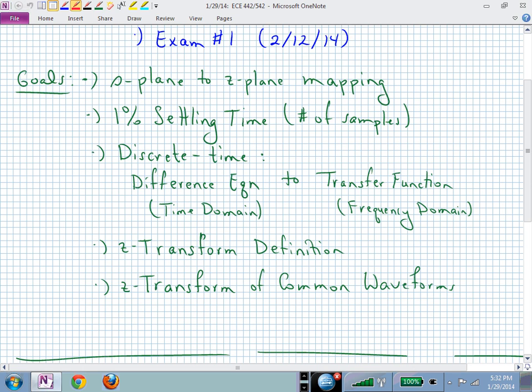Where do they need to be living, or where do they belong? I'm sure you picked up on the audio: inside the unit circle, I hope, is what was stated. We will look at how to find a 1% settling time. That may not have been completely clear, and I've answered a few of those questions during office hours. For a generic first-order difference equation, how can we compute a 1% settling time?